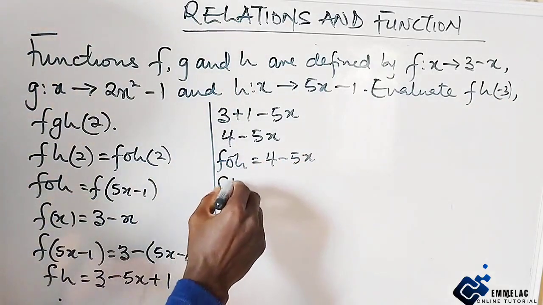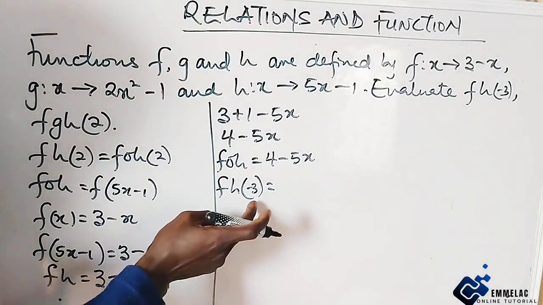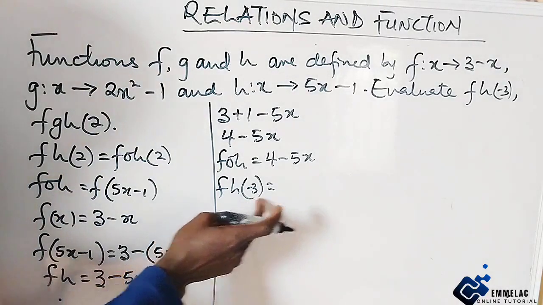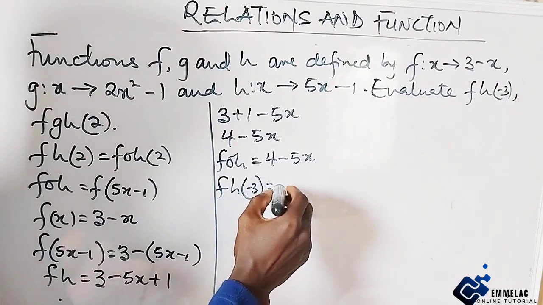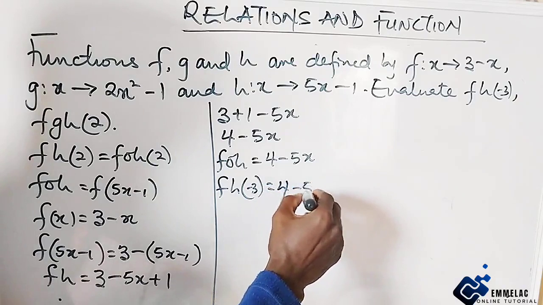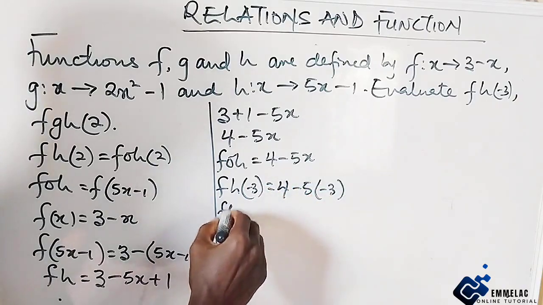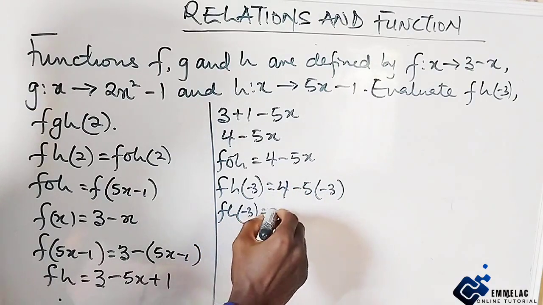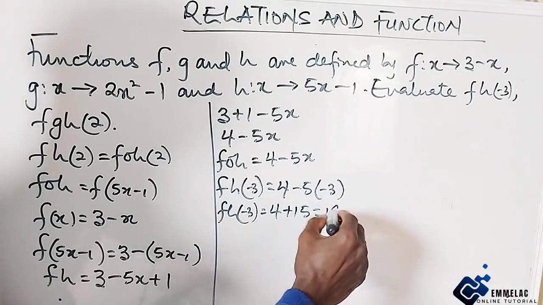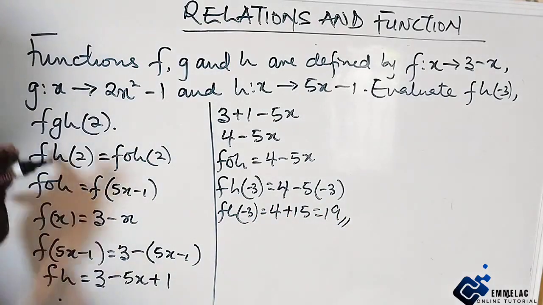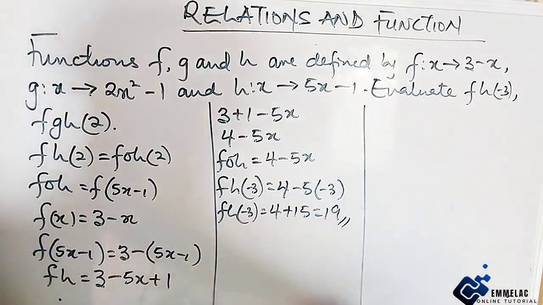So f of h of minus 3 means you replace your x with minus 3. With this we can say this is 4 minus 5 into minus 3. So 4, minus times minus gives plus 15, and this will give us 19. Final answer.